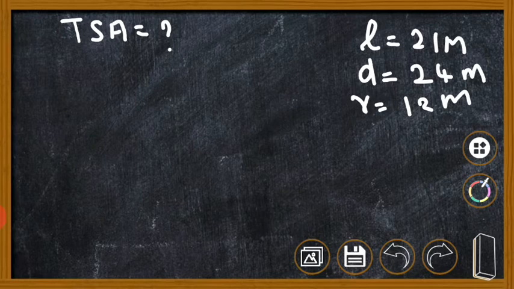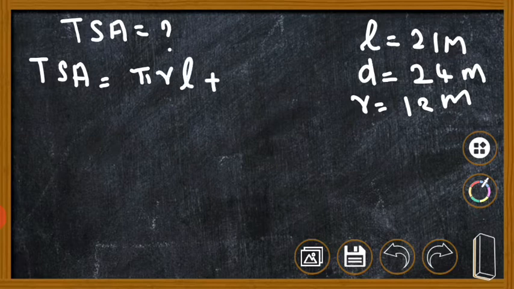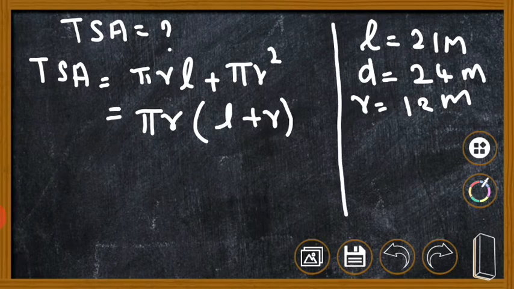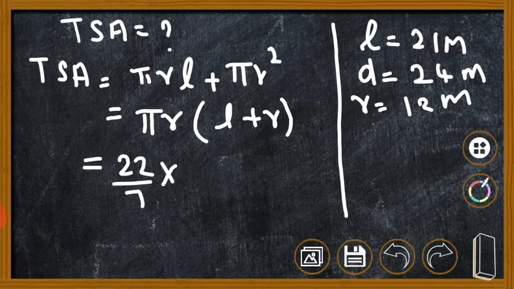Okay. And we know the formula of TSA of the cone. TSA is equal to pi RL plus pi r square. See, in both terms you can take pi r outside, so the calculation will be easy. If you take pi r outside, what is remaining? L plus r. So substitute the values: 22 by 7 into r, that is 12, into L plus r.